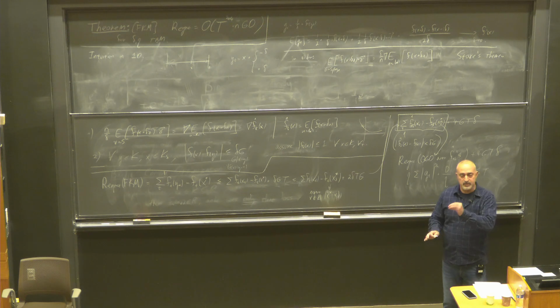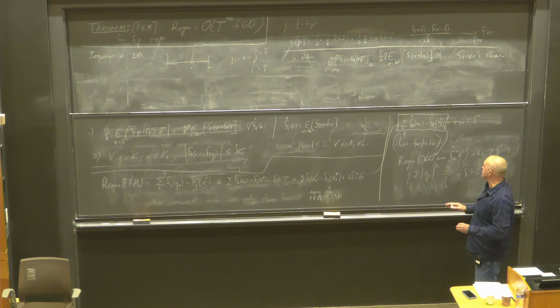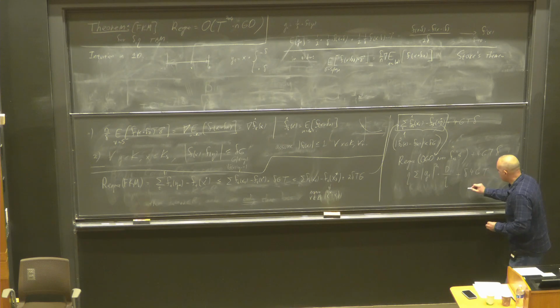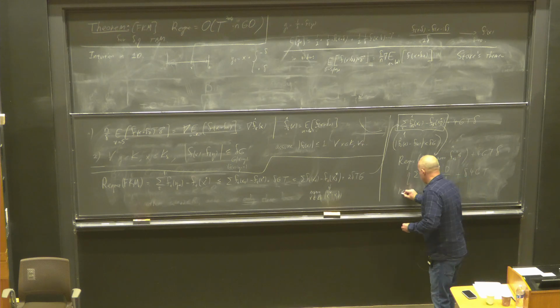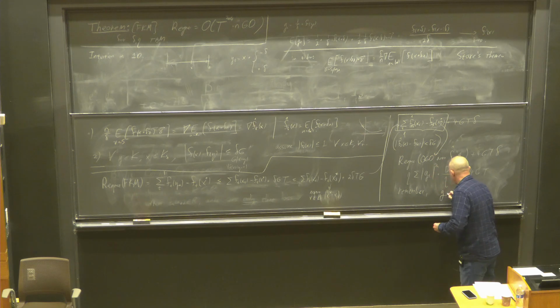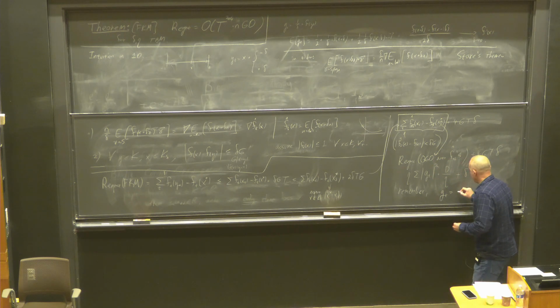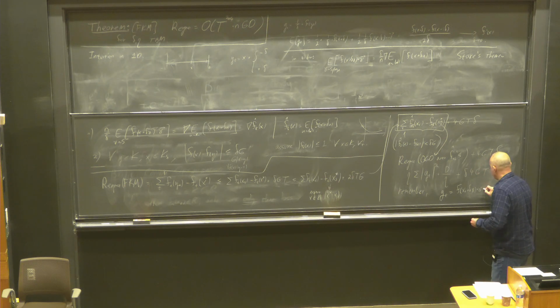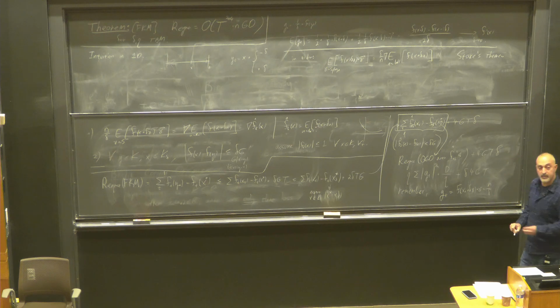Let me write it again. Remember, g_t is equal to f of x_t plus delta v, times v, times n over delta. That's what I used in the algorithm.